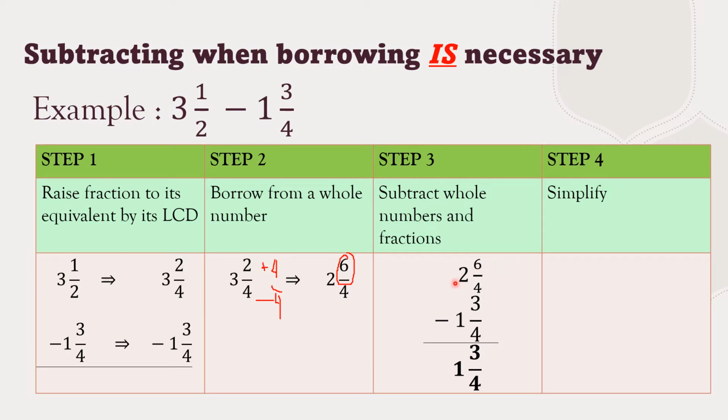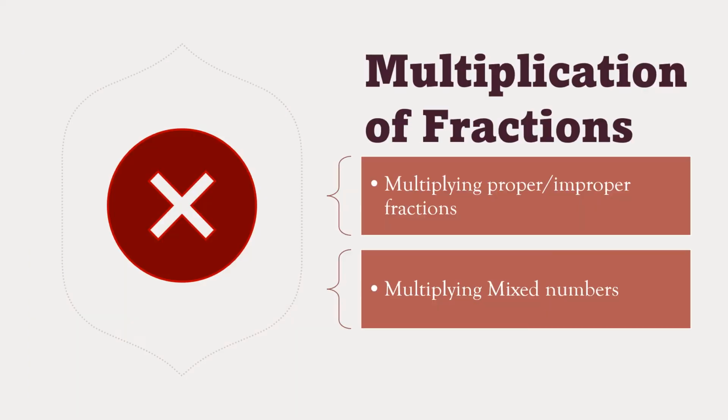So 2 minus 1 is 1, 6 minus 3 is 3, and we have similar denominators. We'll just copy this. So the answer is 1 and 3/4. Step 4 can be skipped since our answer is already in its simplest form.